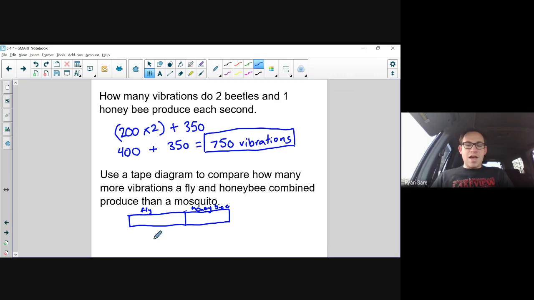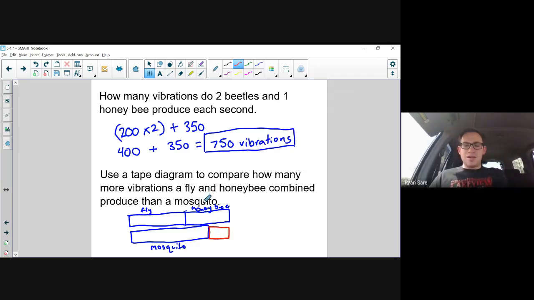And then I'm going to compare those to the mosquito. And based on the way that the question was asked, I know that the fly and the honeybee are going to have more because it said how many more do they have. So I'm looking for this value right here if I make the tape equal.